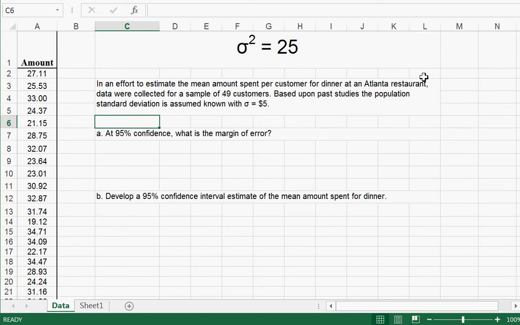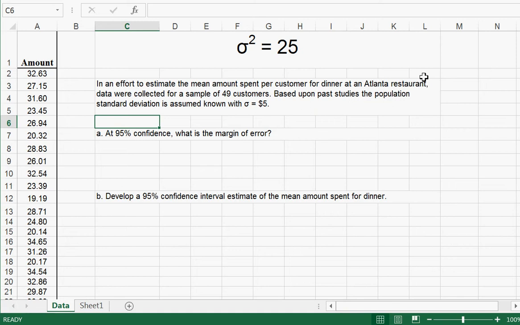Can I pick 49 people today and ask those 49 people how much they spent? Tomorrow, can I go to the phone book and pick 49 new names? Yeah, and I can ask them how much money they spent. So every time you hit F9, what are you generating? A new sample of 49.